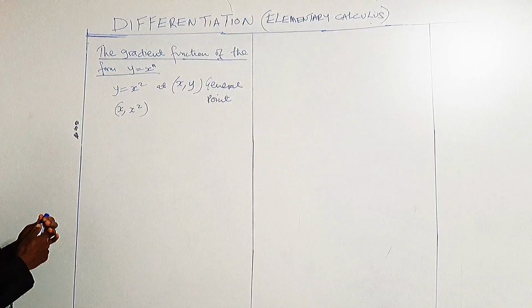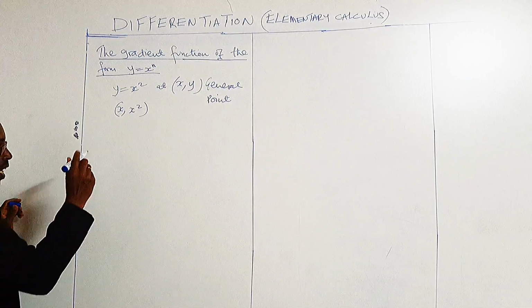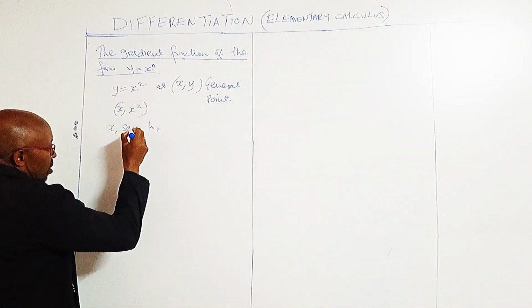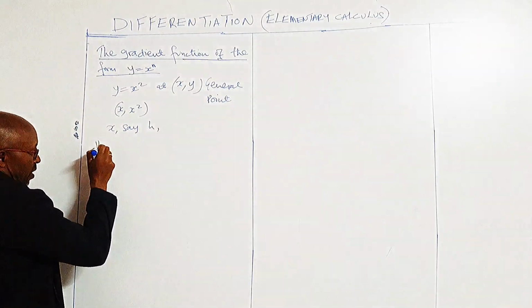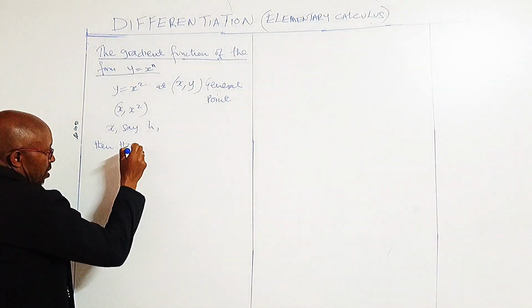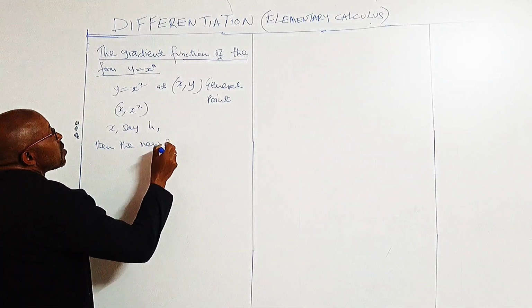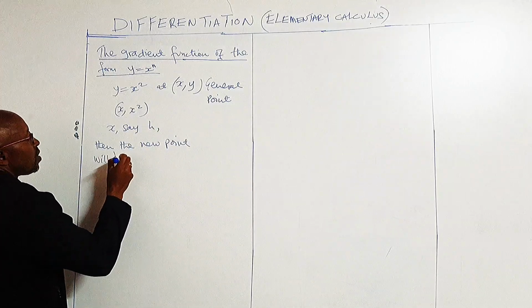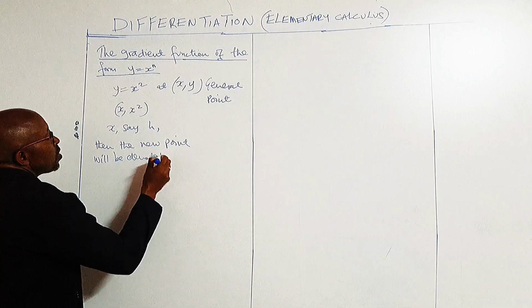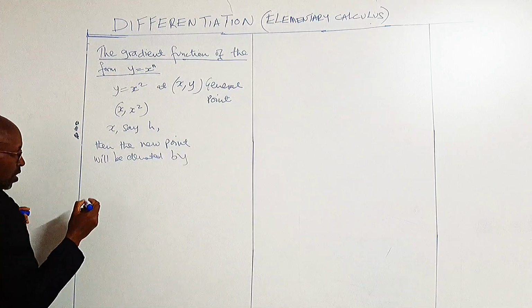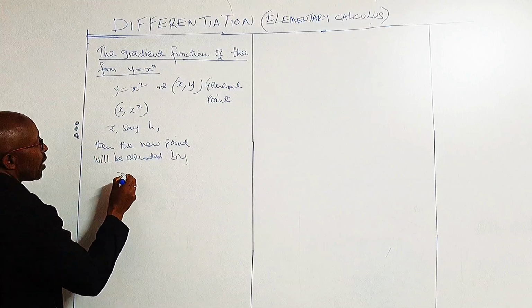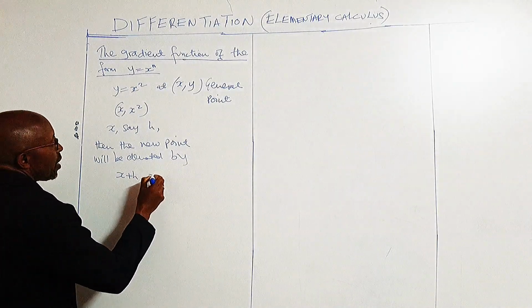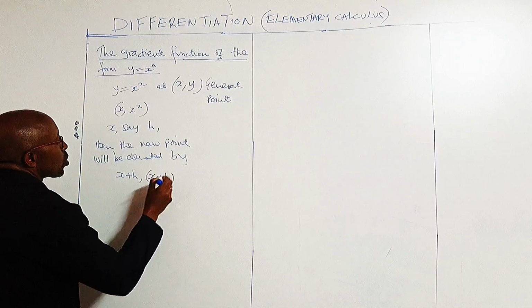Suppose we take a small change in x, say h, then the new point will be denoted by x plus h, x plus h squared.